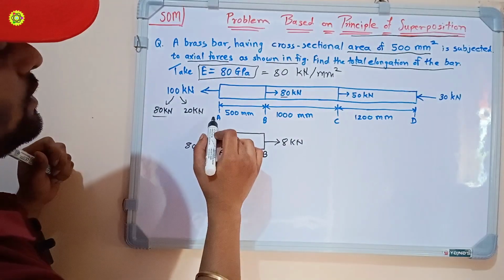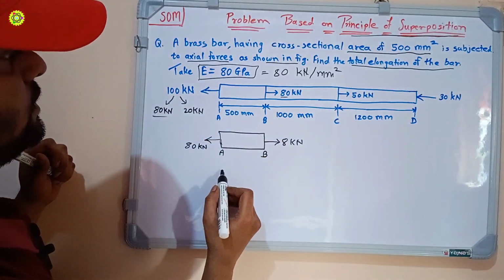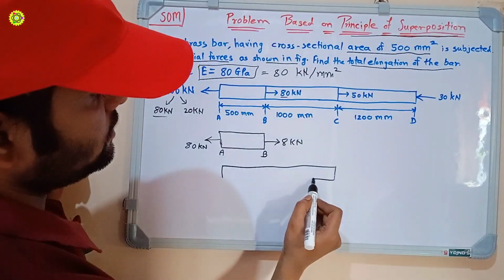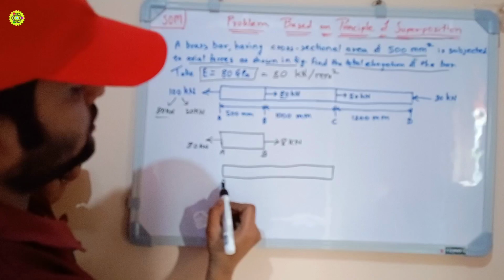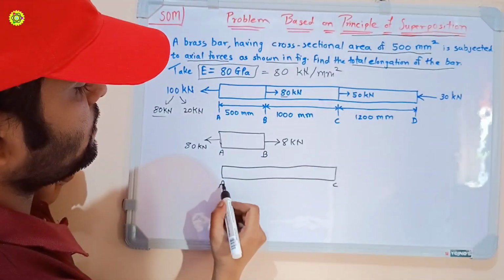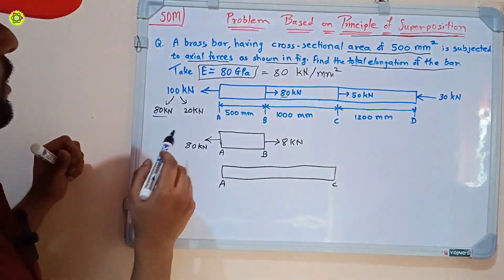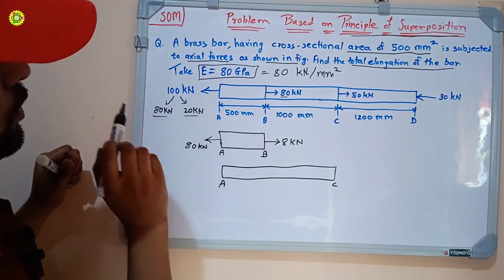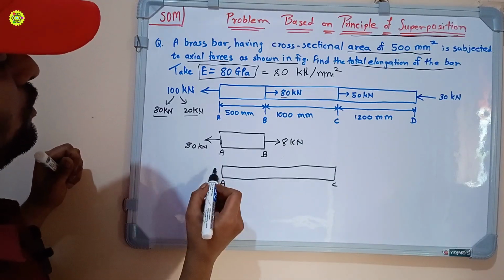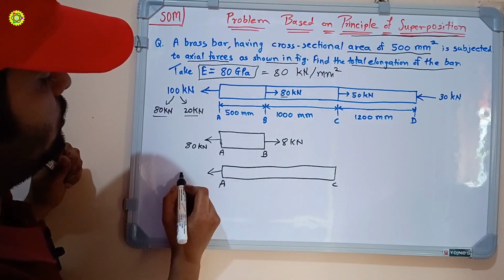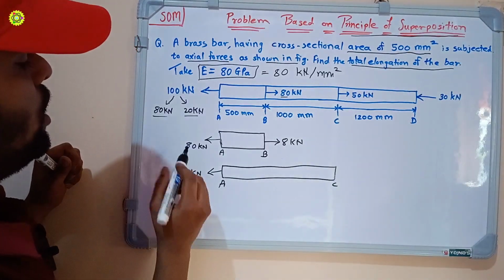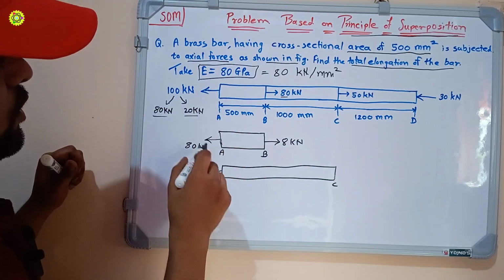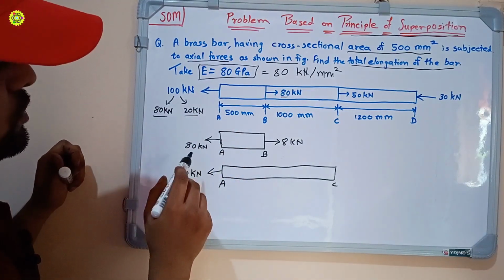Now we will take the bar AC. At point A we will remain with 20 kilonewton force, and here also 20 kilonewton. 80 plus 20 is 100, so at point A we have completed 100 kilonewton force.